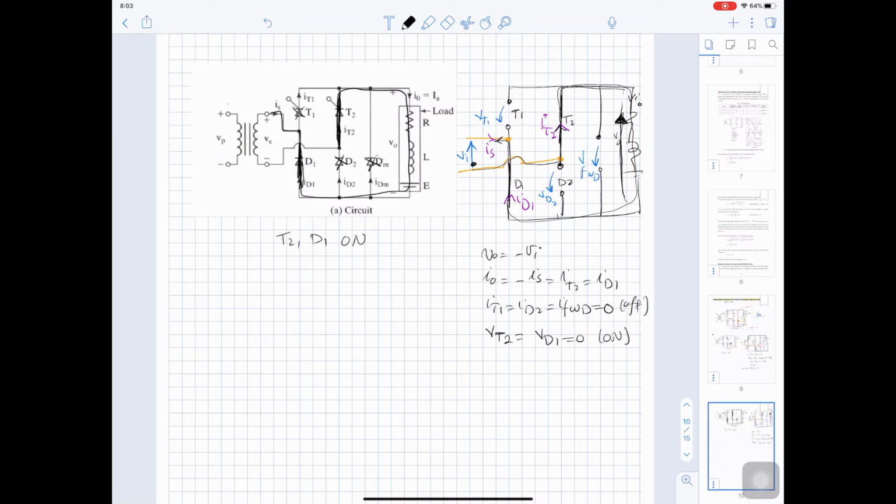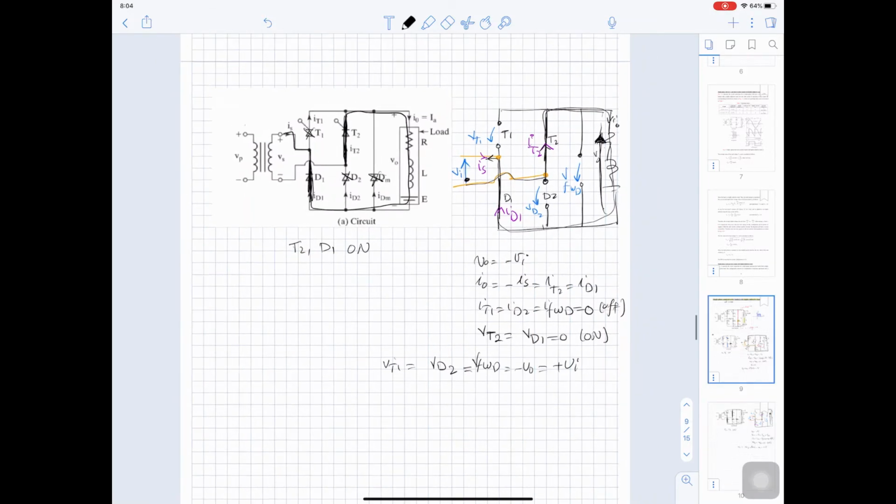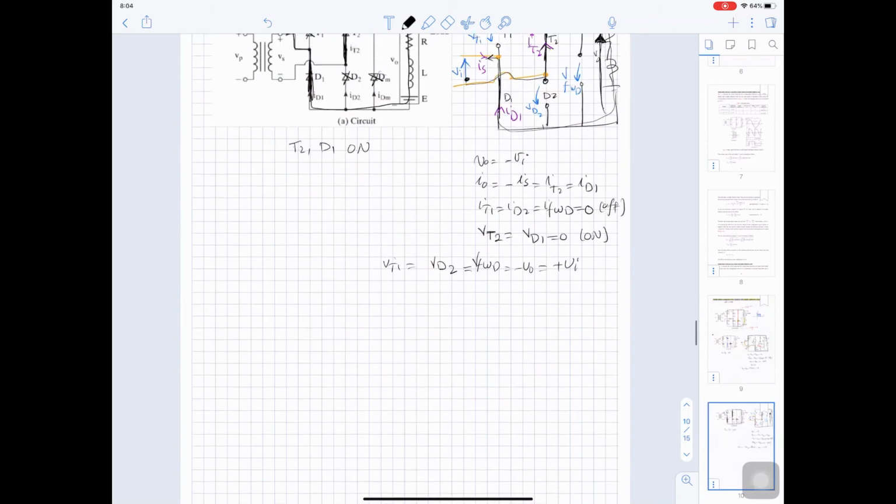If you do KVL, you can see V freewheeling diode equal negative V out equal positive Vn. And this voltage is the same as V thyristor 1, the same as V diode 2. Okay, so these are the variables we have during this time.